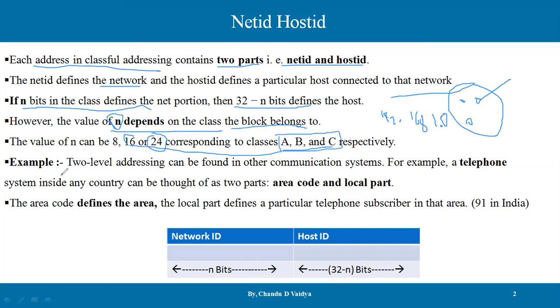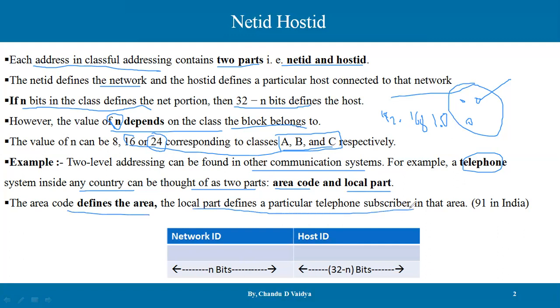An example of two-level addressing can be found in other communication systems, for example, telephone communication. Inside any country, telephone addresses consist of two parts: one is the area code and the second is the local part. The area code defines which area the number belongs to, and the local part defines the particular telephone subscriber.